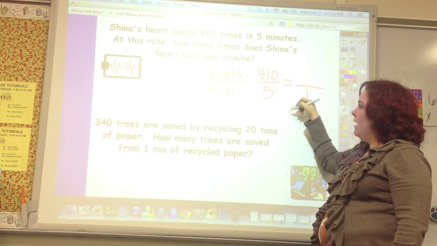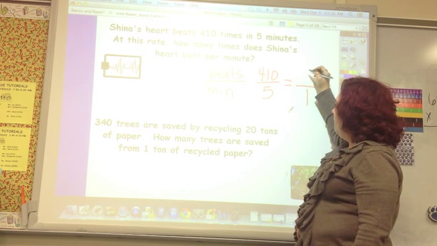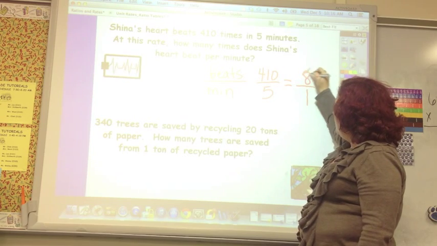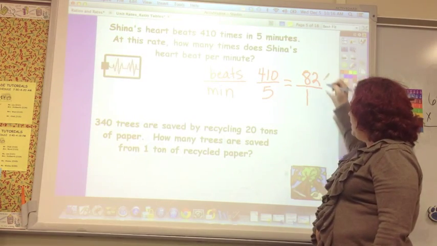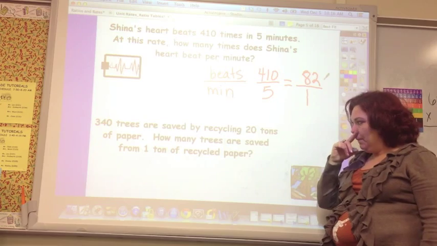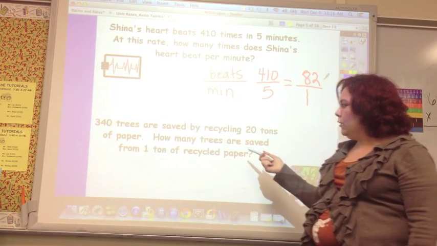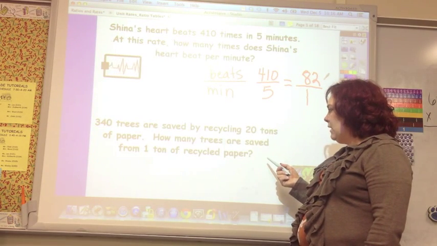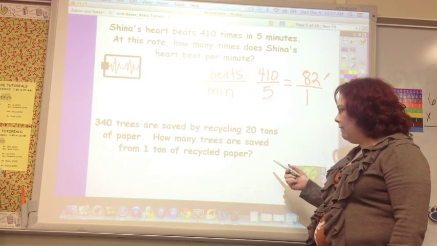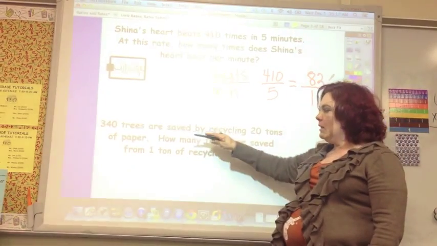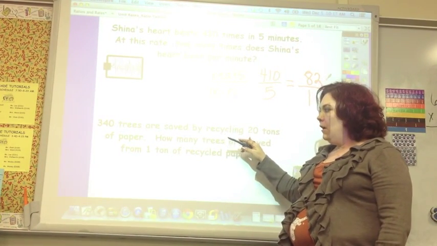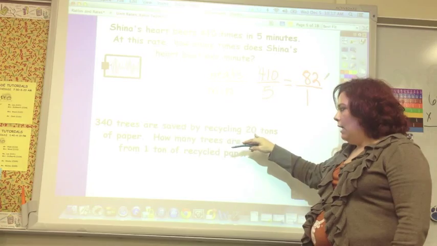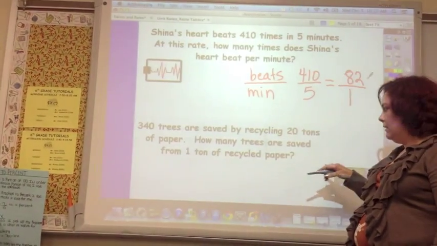I divide by 5. And if I divide this by 5, I get 82 beats in 1 minute. And then 340 trees are saved by recycling 20 tons of paper. How many trees are saved from 1 ton of recycled paper? So set this up as a ratio and as a rate, and then find the unit rate out of 1.